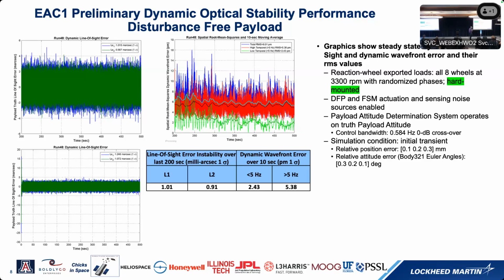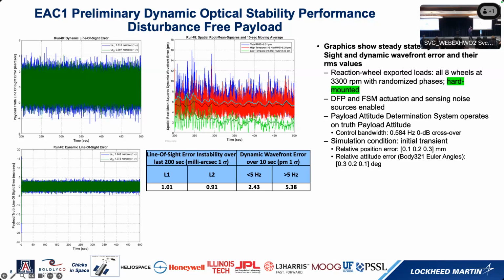That's the kind of errors that we are seeing. Line of sight is on the order of 1 milliarcsecond. That's one place where I think we have an opportunity to improve with the fast engineer. That's a question of dynamic range on the fast engineer.